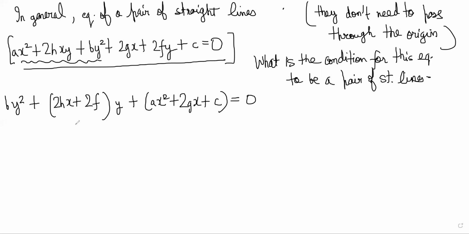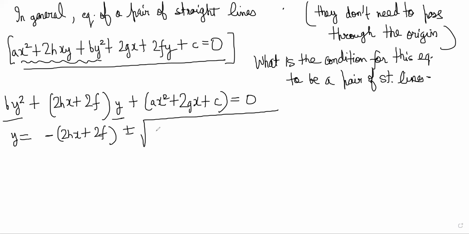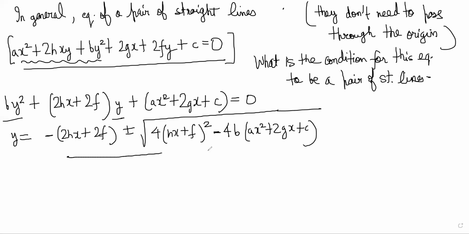So notice that it is still a quadratic equation in y. So I can still solve it for y. I can say y is equal to minus of 2hx plus 2f plus minus root over 4hx plus f whole square minus 4b ax square plus 2gx plus c divided by 2 times b, right?